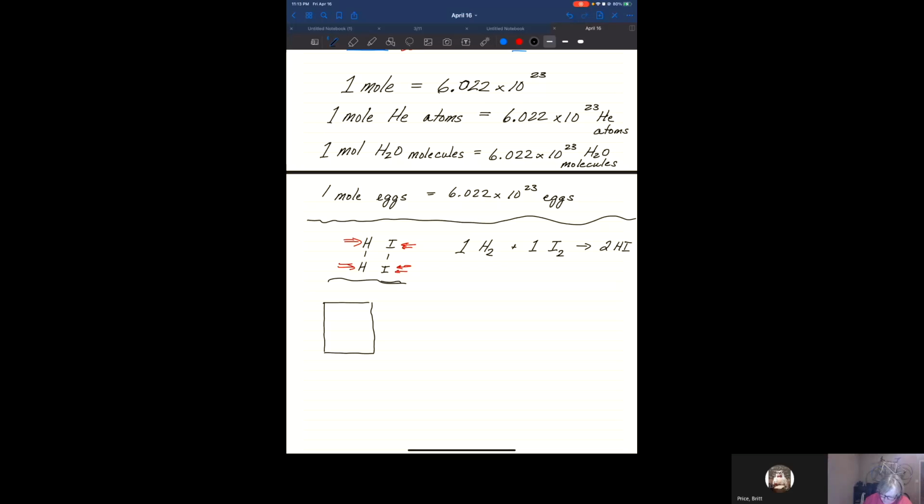And this box is going to have 1 mole of H2. And then I'm going to have a secondary box. Again, this is for calculation. And in the second box, I would have 1 mole of I2.